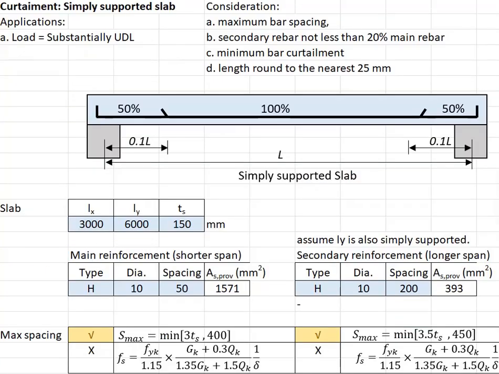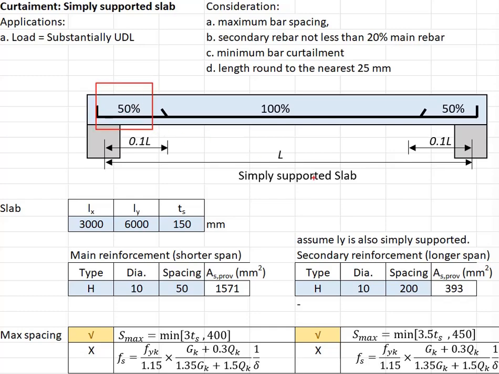By referring to the simplified rules here, you are allowed to reduce the reinforcement bar by 50% near to the support, having the reinforcement bar provided here. How do you do it? Very simple. You look into the spacing of the reinforcement.